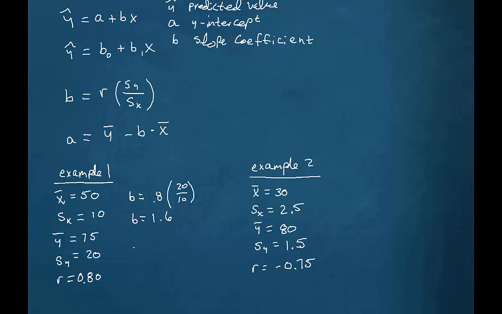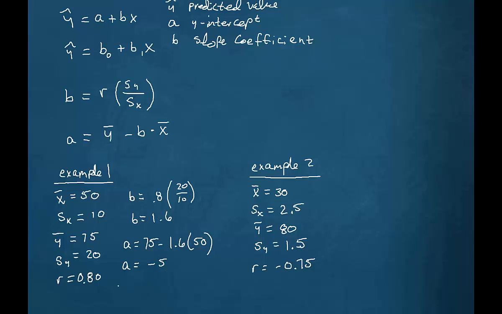And then to calculate a, we'll use this formula: a equal to the mean of the y values, so 75, minus the slope coefficient, 1.6, times the mean of the x values, 50. And so a will then be equal to minus 5.